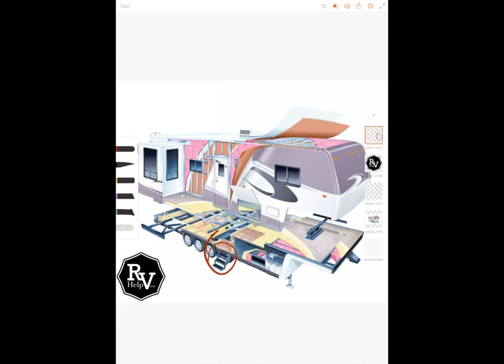And once you've checked out the steps, the big thing you're looking for is whether they have excessive movement when you step on them, right? So they have excessive give.